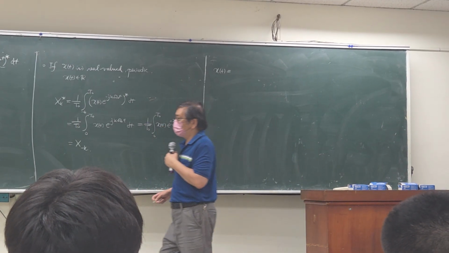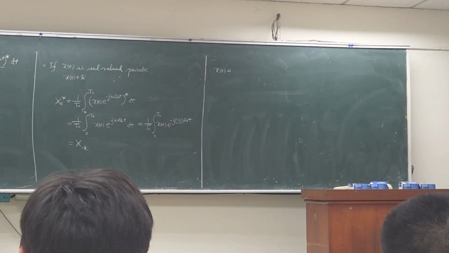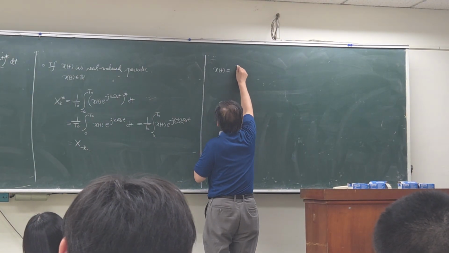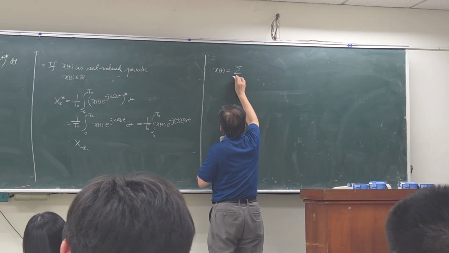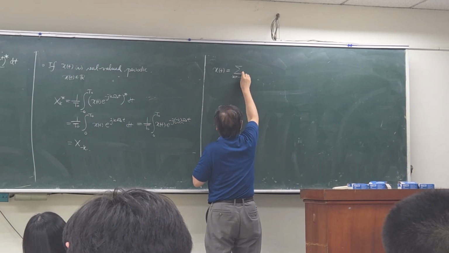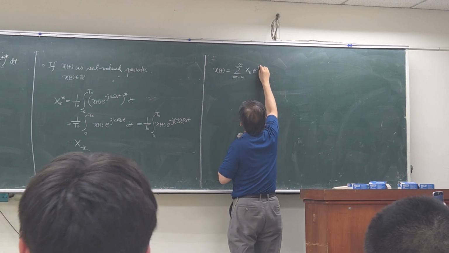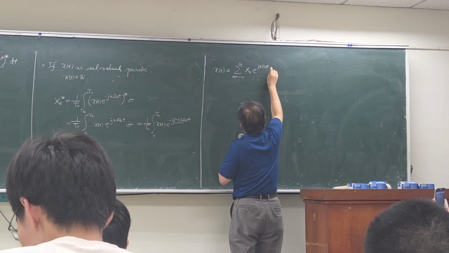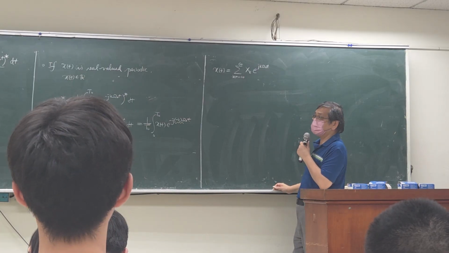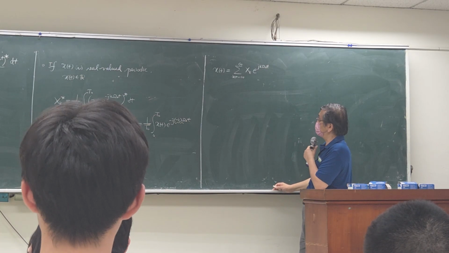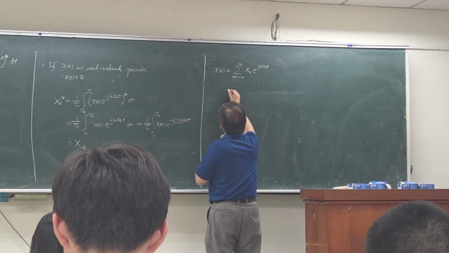Now let's go back to the Fourier series expansion of the function again. So x of t is the summation of x of k, the coefficient, times the complex function e to the j k omega sub 0 times t.